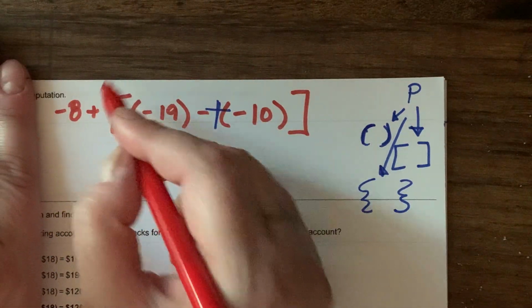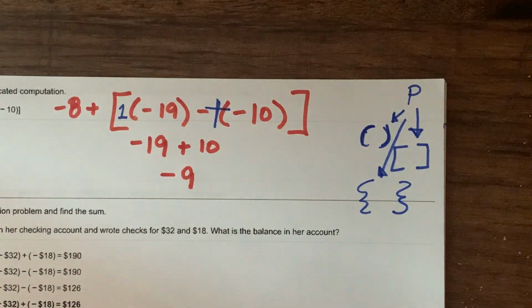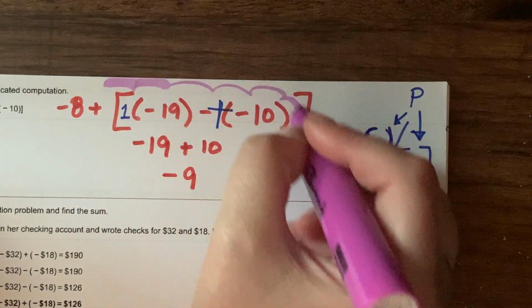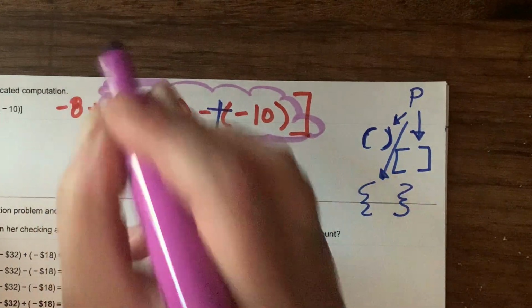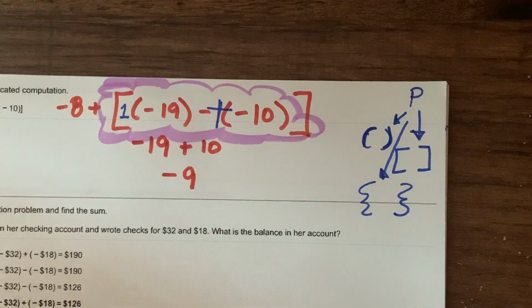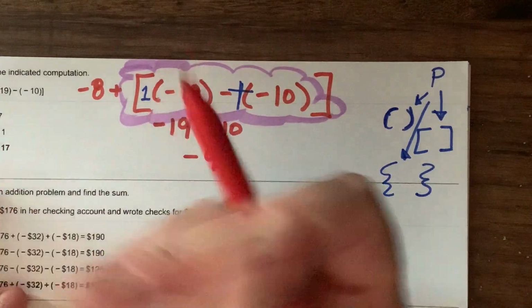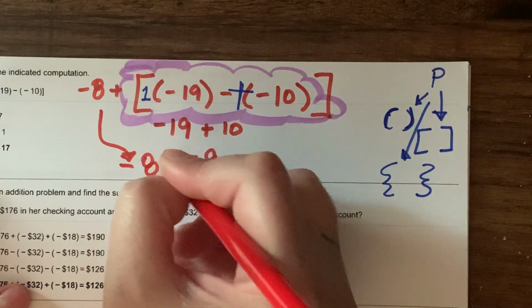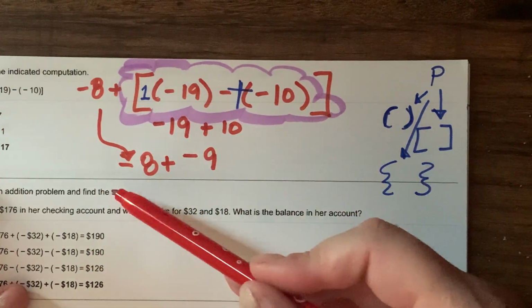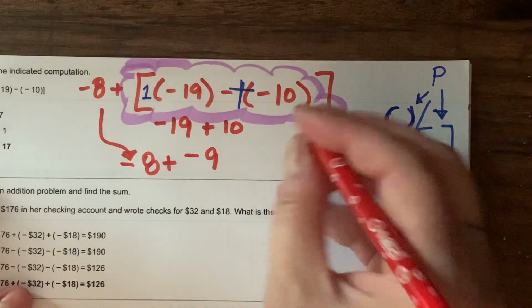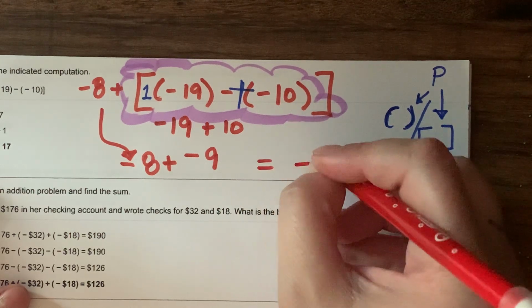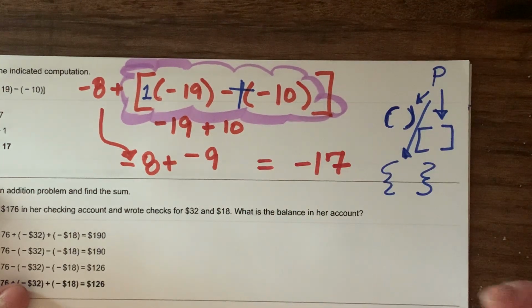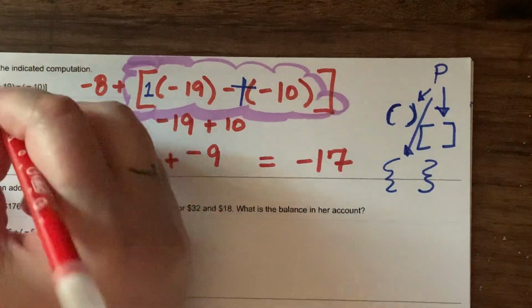And that's what all of this was. So all of that was -9. The only thing we haven't touched is this -8 plus sign. So -8 plus -9, when they're both negative, you add them up and it becomes an even bigger negative. So -17, C.